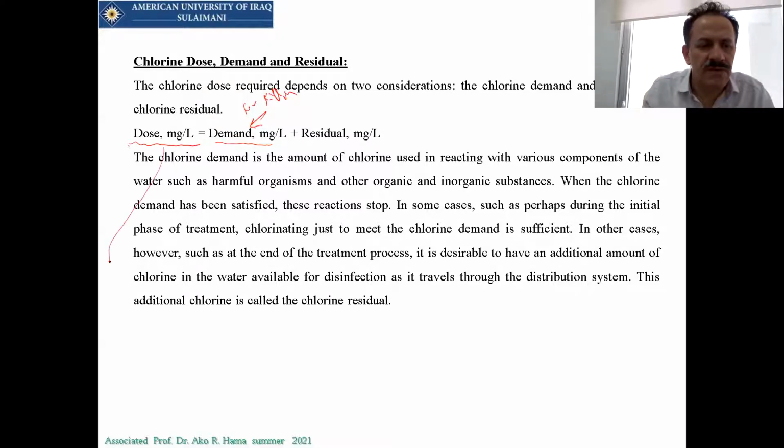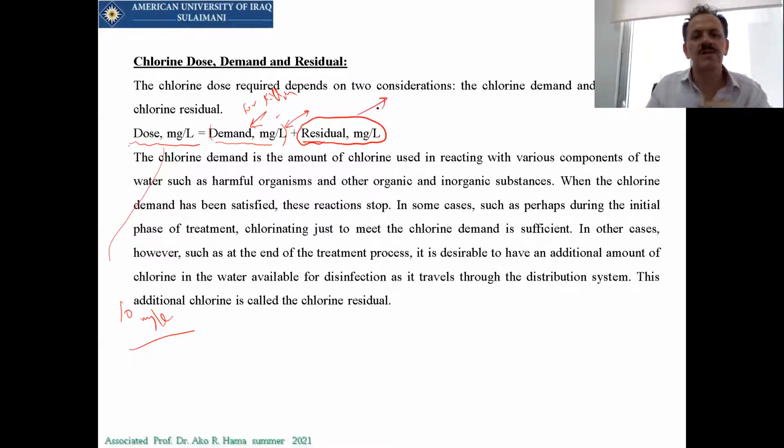So if I have 10 milligram per liter, that is the dose that I am adding to the water. First of all, you have to determine the needed dose for killing bacteria, plus I will add some residual, which means free available chlorine. Sometimes this cubic meter of water that you are sending from Dukan to Slemania, you are purifying at its source.